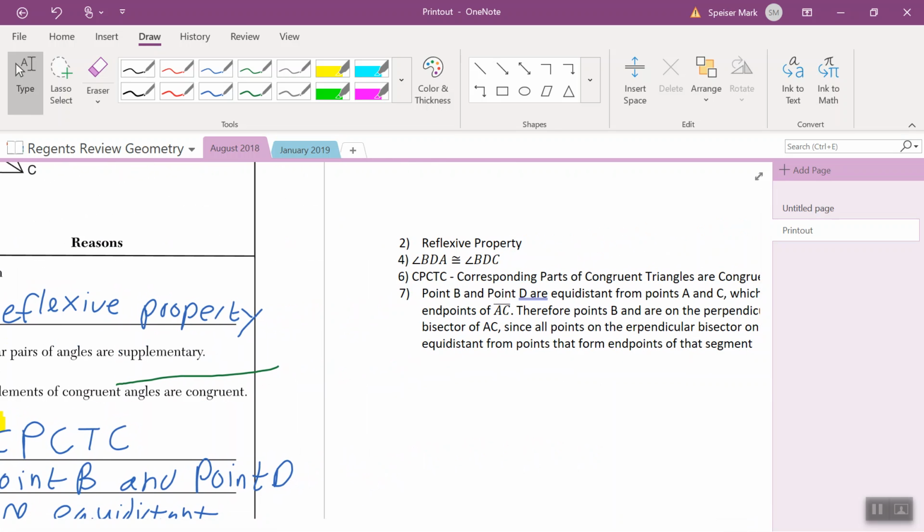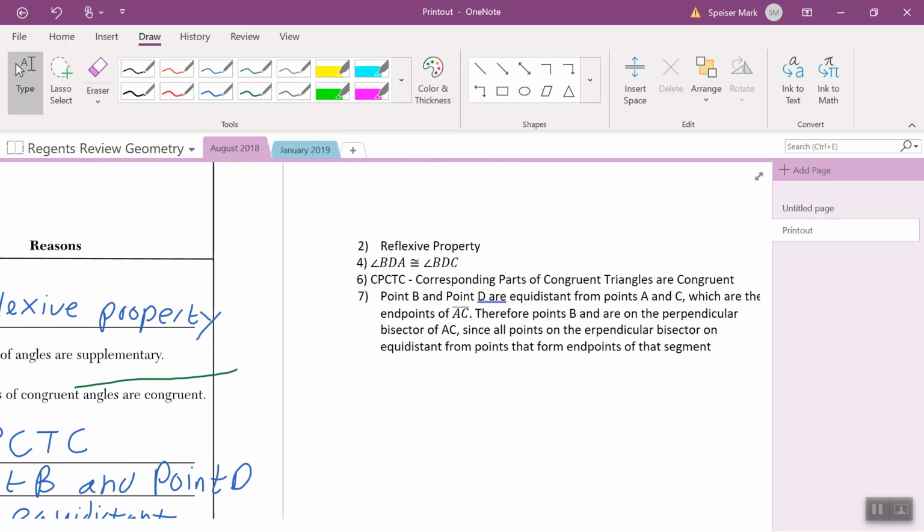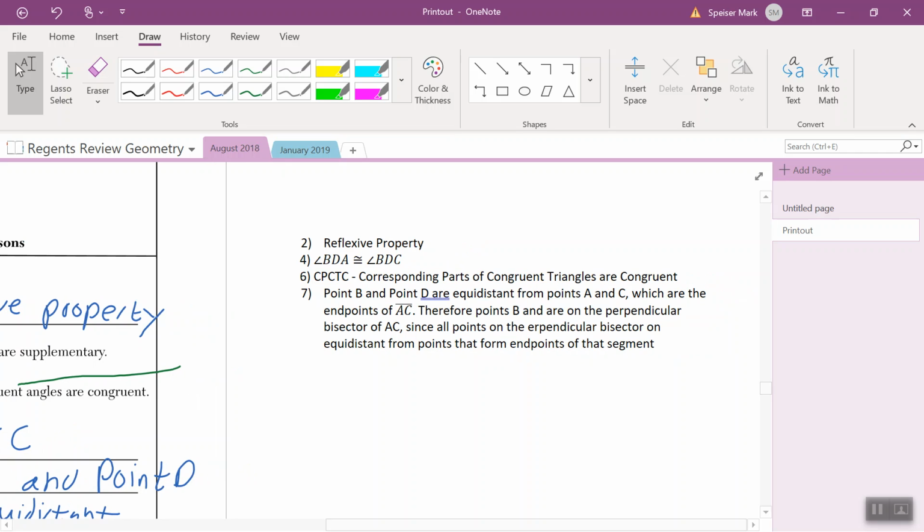So by 2, reflexive property. This 4th statement is angle BDA is congruent to angle BDC. 6 is CPCTC, which stands for corresponding parts of congruent triangles are congruent. And 7, which is a long one: point B and point D are equidistant from points A and C, which are the endpoints of segment AC.